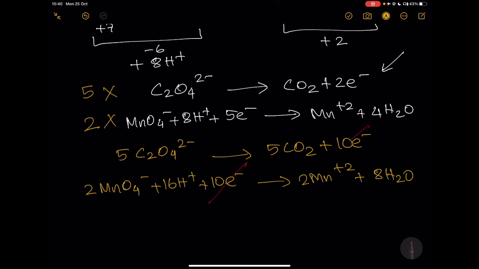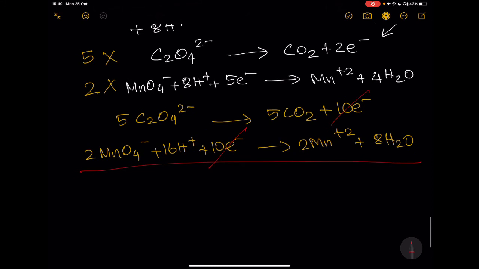Immediately you are able to realize one can cancel the electrons that are present on either side. And therefore the reaction ends up being 5 C2O4²⁻ plus 2 MnO4⁻ plus 16H⁺ going to 10 CO2 plus 2 Mn²⁺ plus 8H2O.